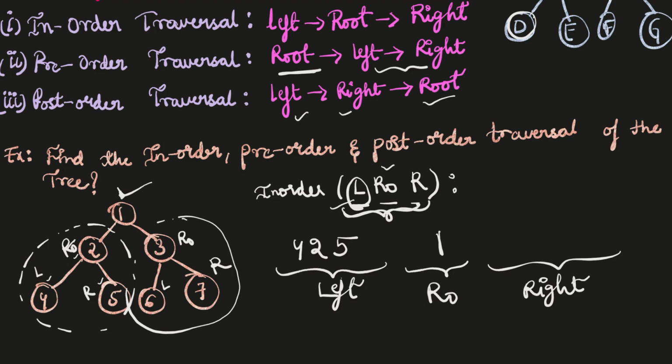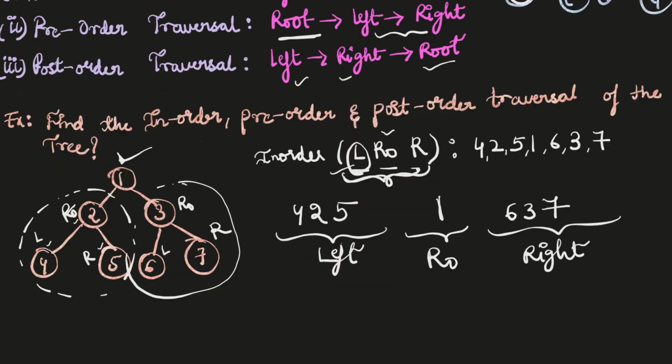So this is how you write the order. Now the total order becomes 4, 2, 5, 1, 6, 3, 7. This is the in-order traversal of the following tree.